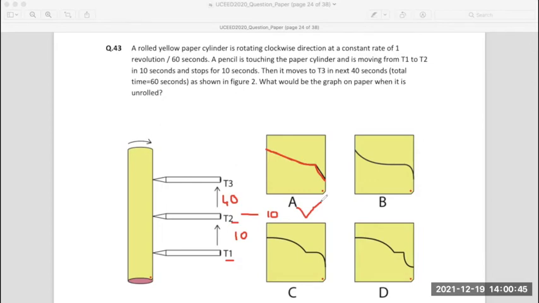No, ma'am. Okay. But the key here is to look at whether or not the distances are the same between the positions, and what was the time taken between those distances, which will give you how fast or how slow the pencil was moving.